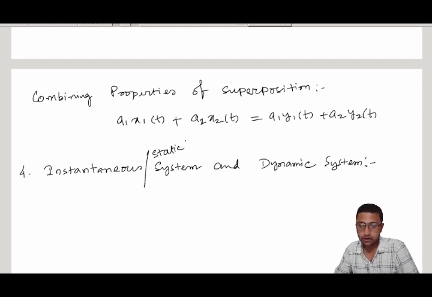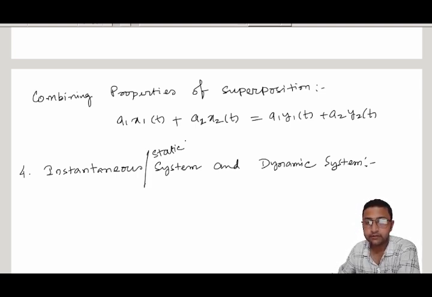On the other hand, a dynamic system is one whose output depends on the past or future values of the input. A static or instantaneous system has no memory and contains no energy storage element, while a dynamic system has one or more energy storage elements.